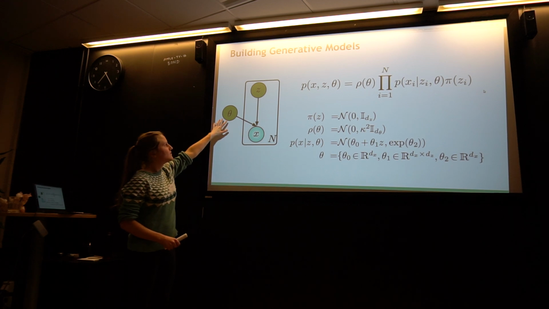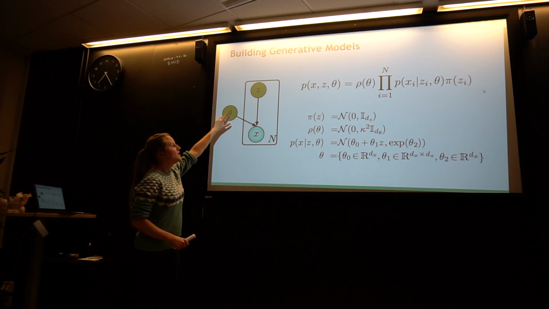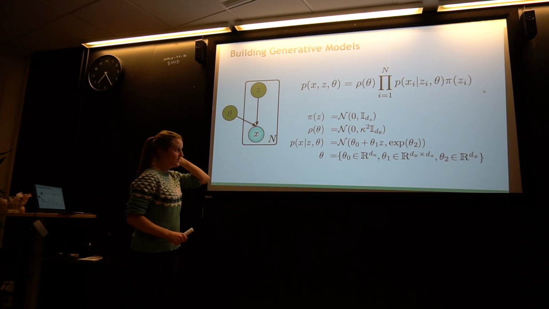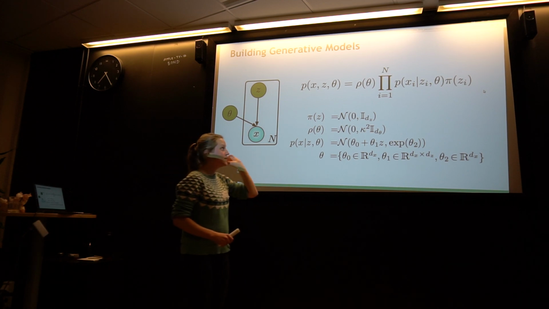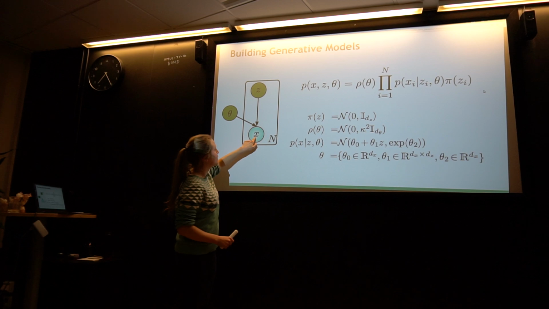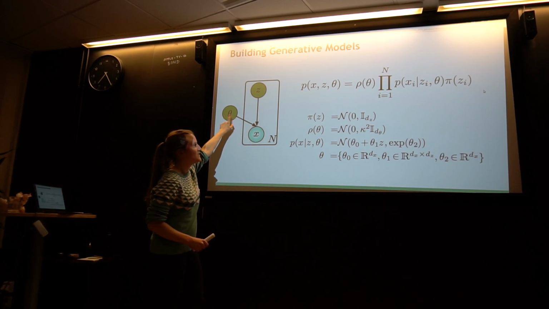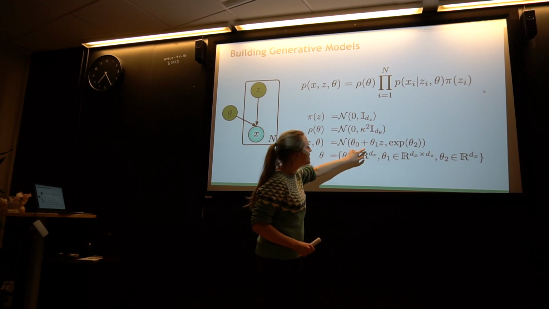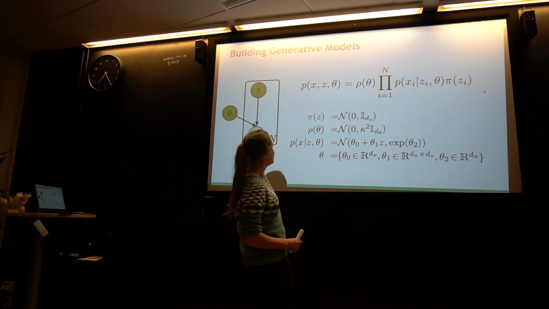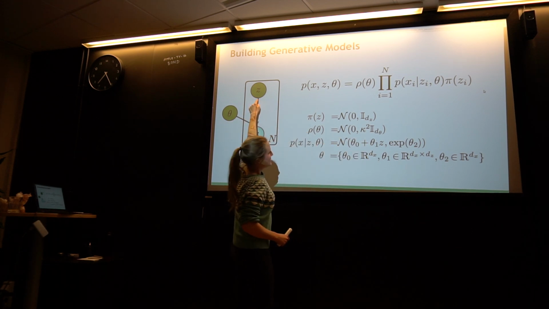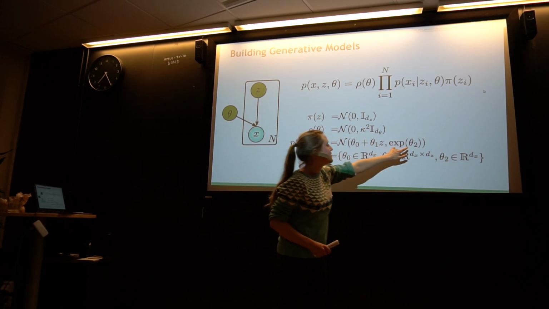And then we have another unknown parameter up here, the theta, which basically are all the parameters in our model. So we sample both this z, which actually determines the form of the x, and we sample the thetas. Put these into this Gaussian, where we say this x is equal to one of the thetas plus whatever we sampled here times another theta, and then the variance is also a theta.